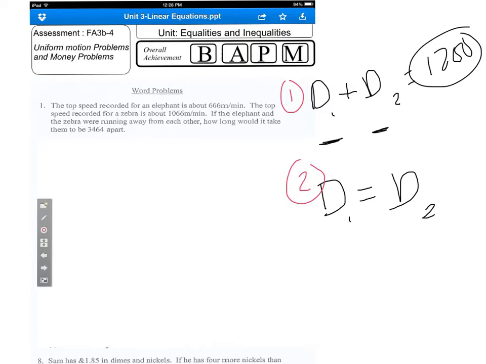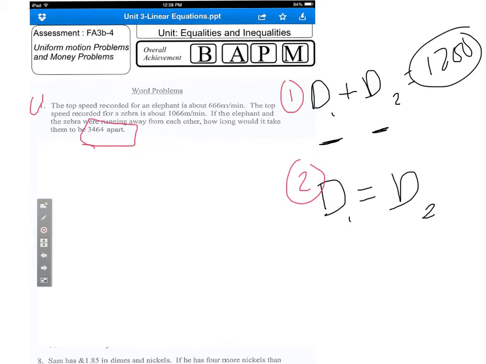For example, in this first example here, we have the top speed of an elephant is 666 meters per minute. The top speed of a zebra is 1,066 meters per minute. If an elephant and a zebra were running away from each other, how long would it take them to reach this distance?